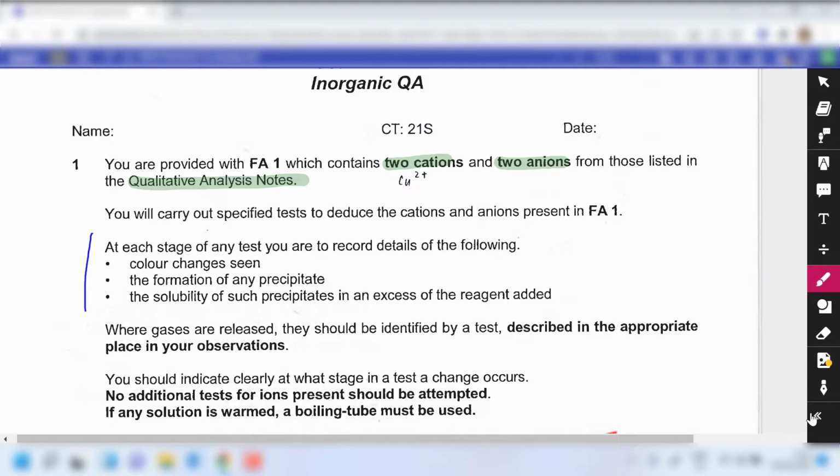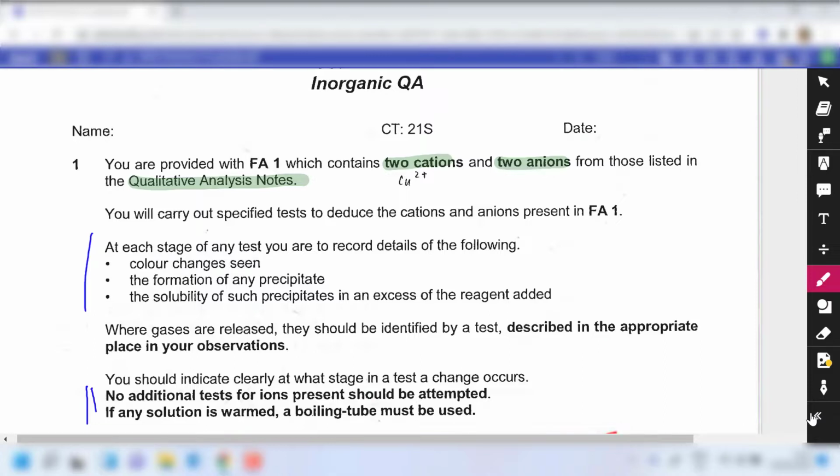You should not be carrying out any additional tests. These are the standard instructions given to you in your practical exams. Over here we try to give you a taste of what you're going to expect in a real exam. So without further ado, let's jump straight into the video review.